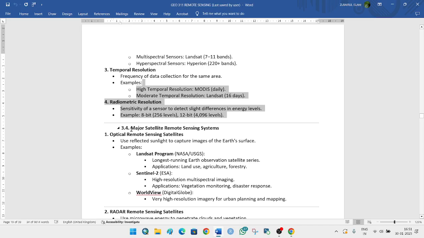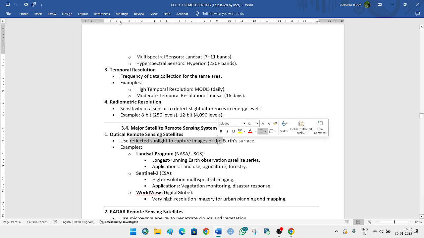Now have a look at the major satellite remote sensing systems. Here, this is optical remote sensing satellites. Optical means we are talking the passive remote sensing. We are talking the sun dependent satellite system. So here example is given.